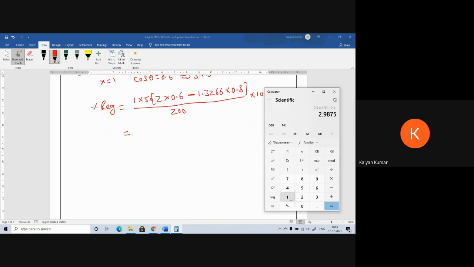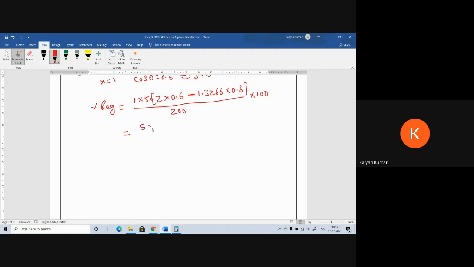So we are going to get 2 into 0.6 is 1.2 minus 1.3266 into 0.8, which is 0.138. So 5 into 0.138 divided by 2, since the 200 and the 100 get cancelled.